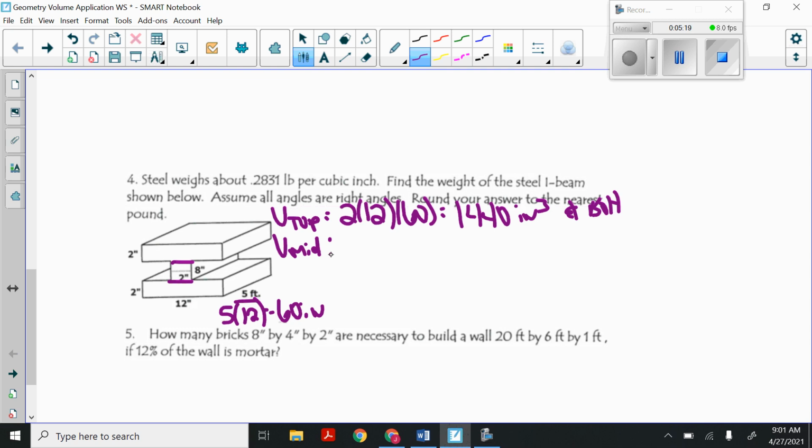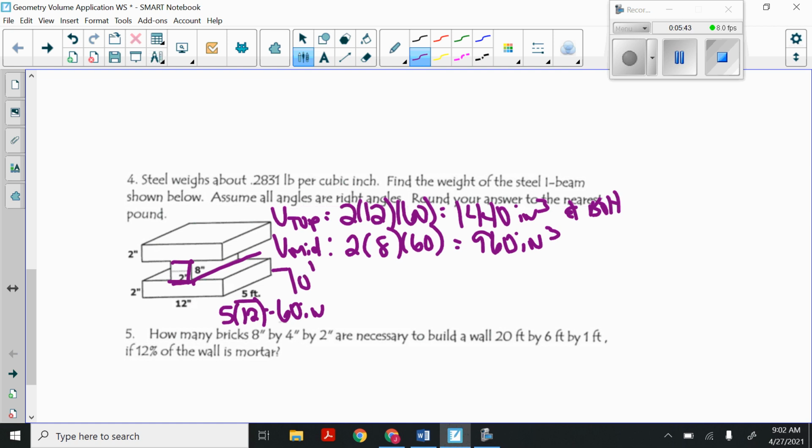I've got 2, this is still my 60, and this is 8. So 2 times 8 times 60, which gets us, let's see, 16 times 60 gets us 960 cubic inches.